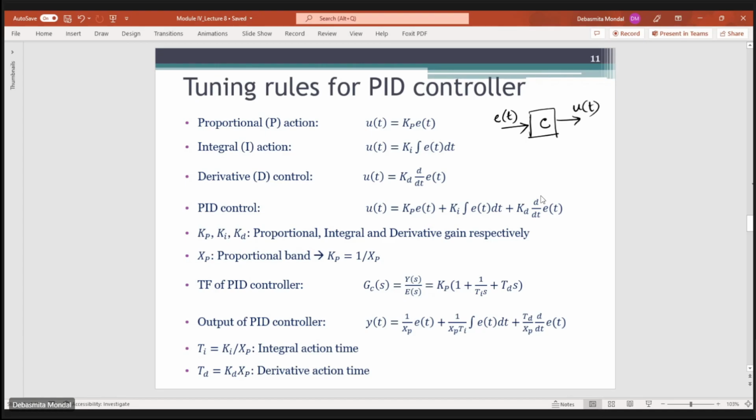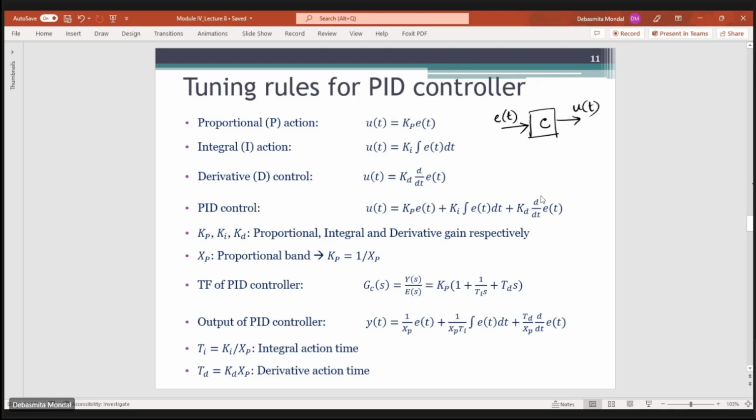So you'll have Kp times e plus Ki times the integral of e dt plus Kd times d/dt of e. Basically, Kp is the proportional gain, Ki is the integral gain, and Kd is the derivative gain of the PID controller.